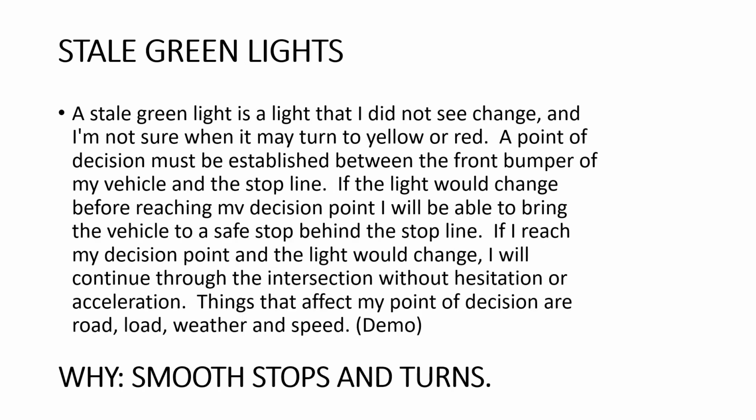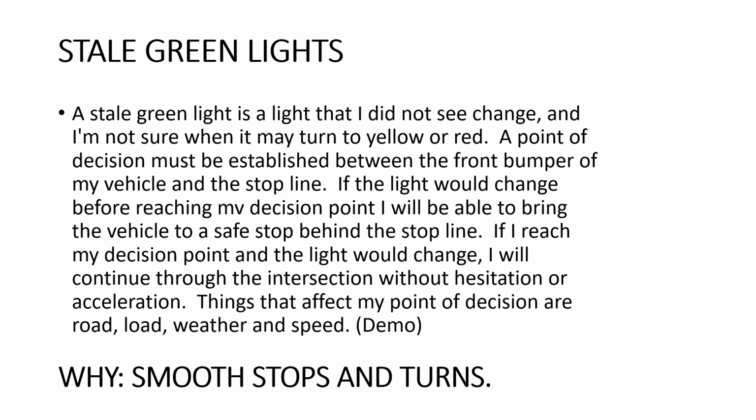Stale green lights. A stale green light is a light that I did not see change and I'm not sure when it may turn to yellow or red. A point of decision must be established between the front bumper of my vehicle and the stop line. If the light would change before reaching my decision point, I will be able to bring the vehicle to a safe stop behind the stop line.